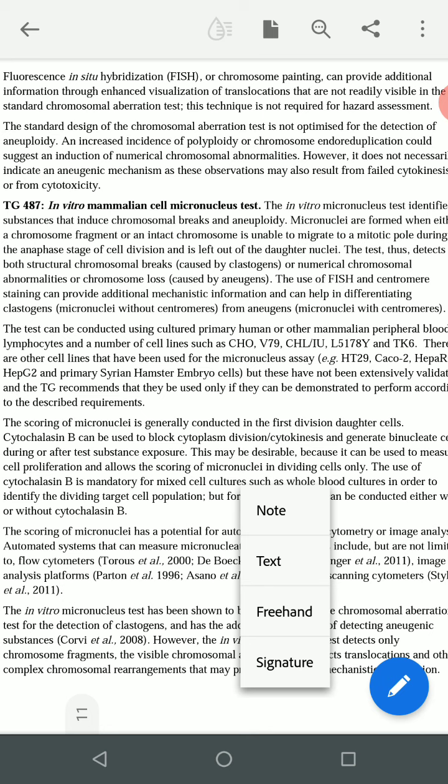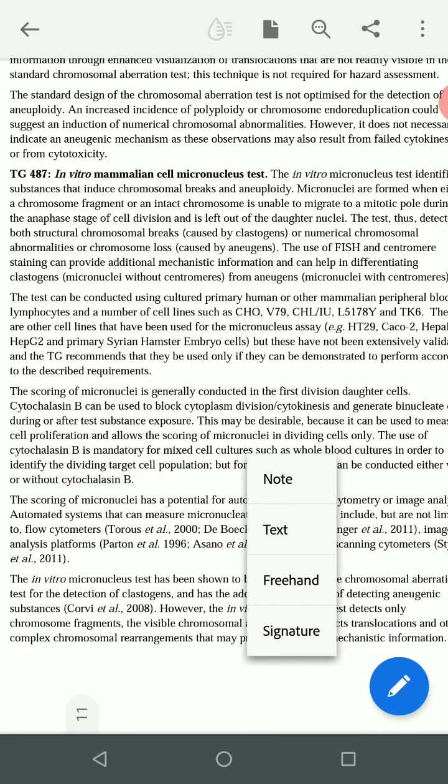If our substance is an aneugen, it can change the chromosome number and cause chromosome loss, so that leads to micronuclei with centromere. A clastogen leads to micronuclei without centromere. For example, if our substance is a clastogen, the end point is micronuclei without centromere, whereas an aneugen makes micronuclei with centromere.